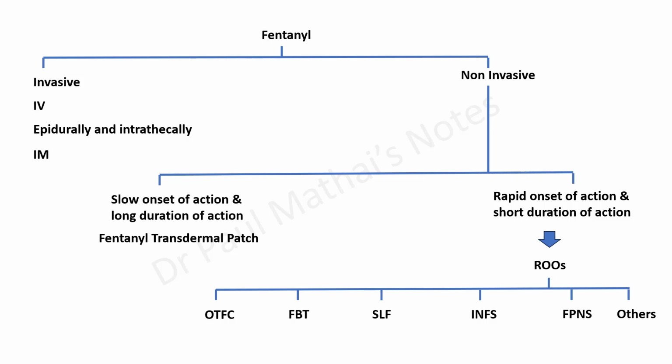So while the fentanyl transdermal patch is useful for chronic cancer pain, the rapid onset opioids are useful for acute exacerbation of chronic pains as well as other forms of acute pain.